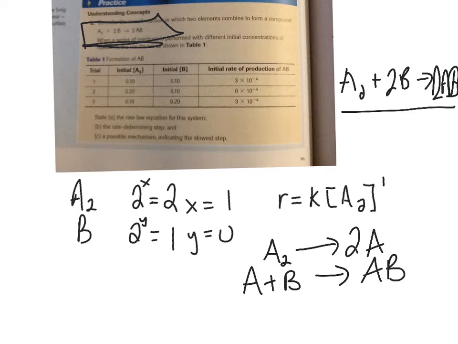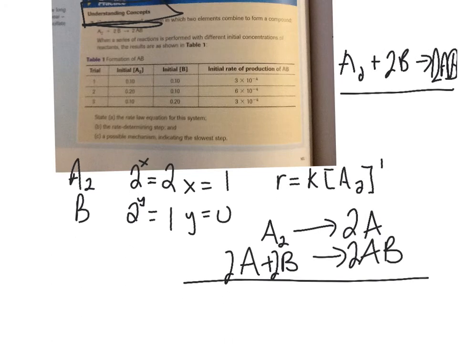Right? So you could either do this twice or, if you add these two up, what would you get? Your reaction intermediates cancel.